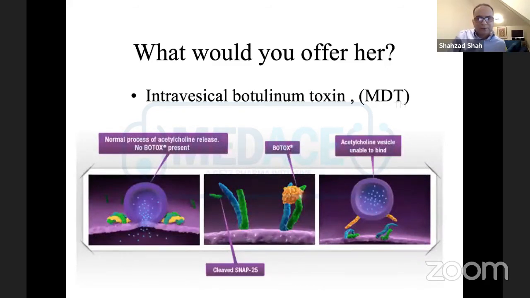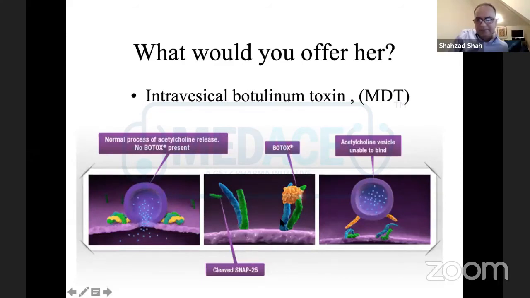How does the botulinum toxin work? There is the acetylcholine vesicle, which, in association with some proteins at the synapse, the exocytosis machinery works in harmony with the vesicle and these proteins at the synaptic level.